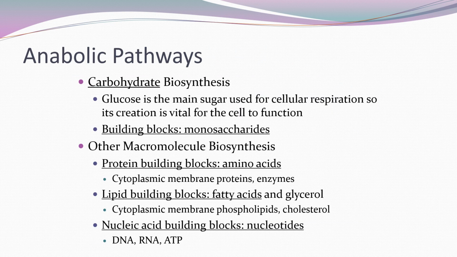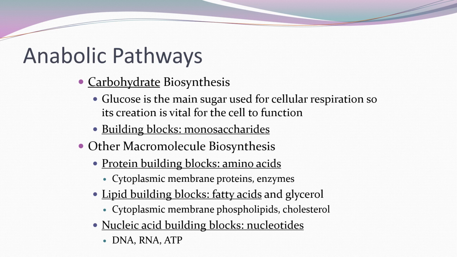There are, in fact, a couple million ways to look at these anabolic pathways. We are going to massively simplify it and just look at the production of macromolecules, things like proteins and lipids and nucleic acids. Now, we have already talked about the different building blocks of these macromolecules.